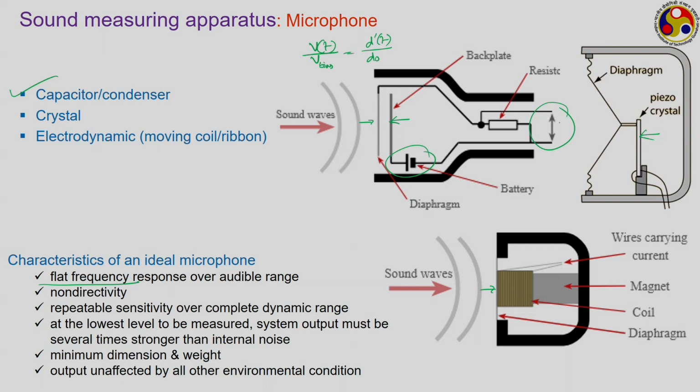The problem is they can be relatively sensitive to vibration and require some kind of impedance matching device at the output side. The electrodynamic one gives good linearity, and again no active power source is required, but they are generally physically much larger compared to the condenser type microphone.